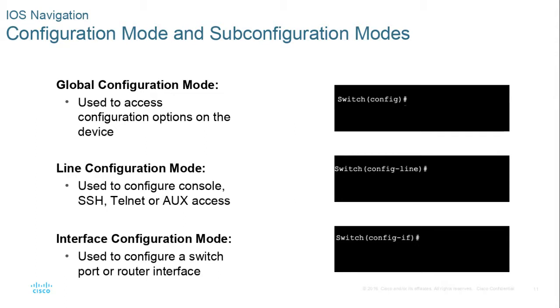I'm going to set the host name of the device to S1 perhaps. I'm going to set the IP address of a port, so it has an IP address on the network, with interface configuration mode, config-if. I'm going to go into the config-line mode and set the passwords for being able to come into the console or come in through telnet access.